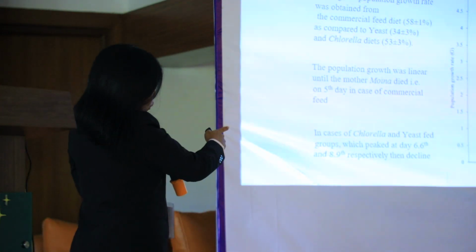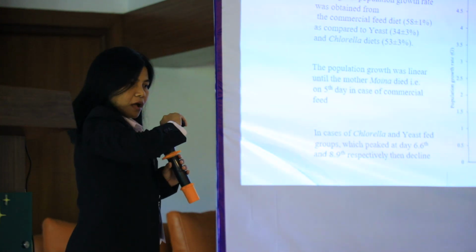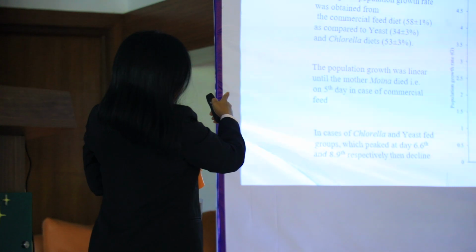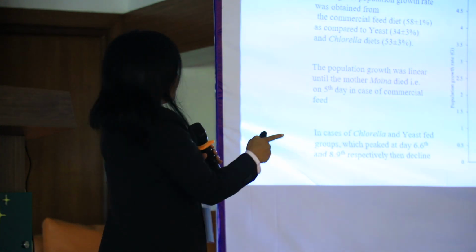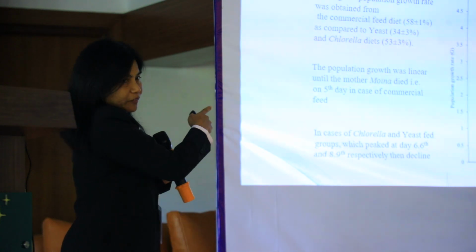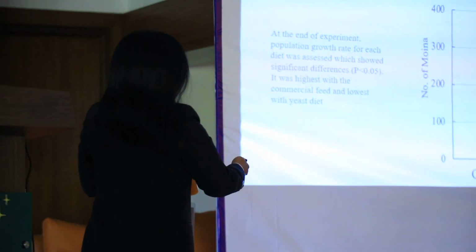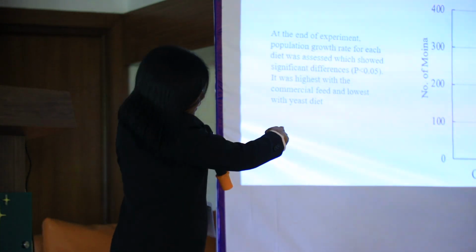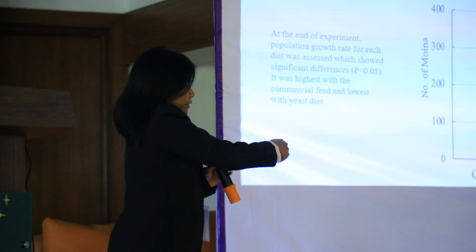The moina fed with the commercial feed grow continuously, like linear. The population growth rate is around 58%, while at the same time in chlorella, only 53%. This is not significant between chlorella and commercial feed.